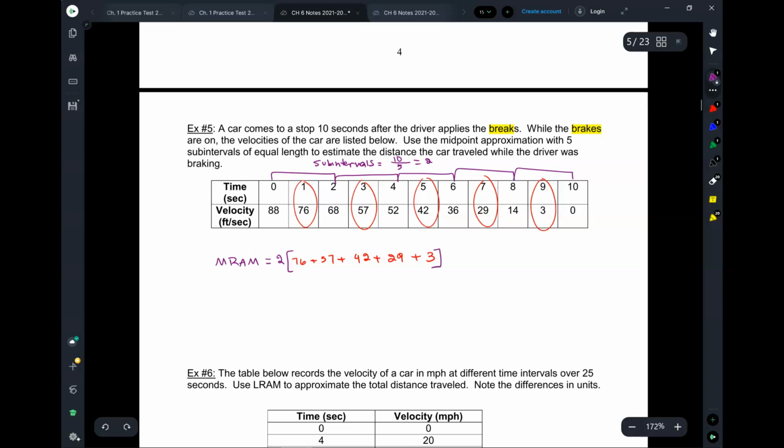And again, stop and count. I need 5 rectangles: 1, 2, 3, 4, 5. That's how you can tell if you took the right amount, too much, too little. So this is 414. What's the unit?